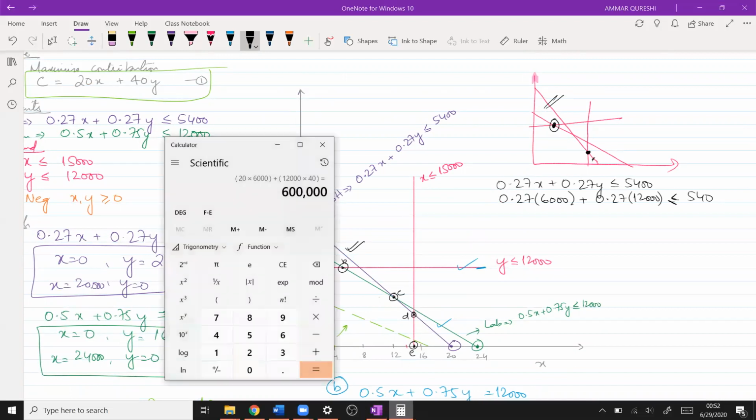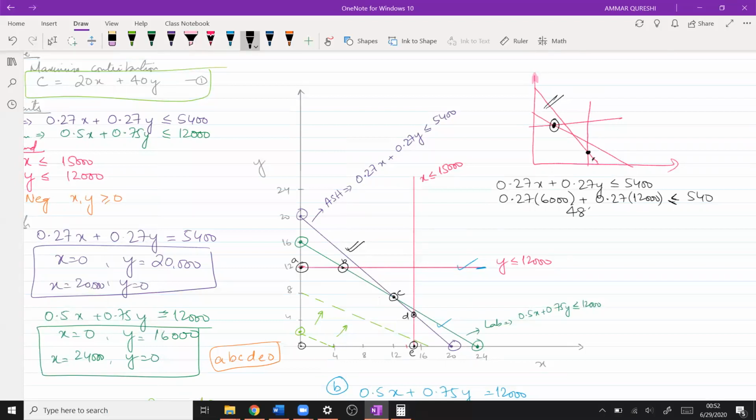Now, let's calculate this. 0.27 times 6,000 plus 0.27 times 12,000 gives 4,860. We are getting 4,860 on the left hand side and the right side is 5,400. That means we are unable to utilize 100% of the material.